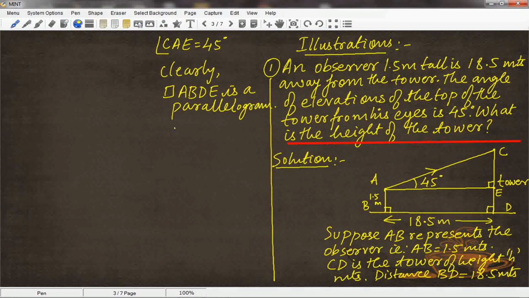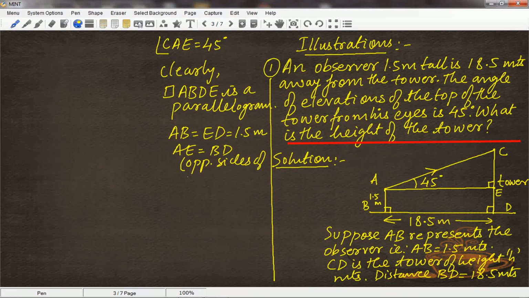Now by this we can say AB will be equal to ED will be equal to 1.5 meters and AE will be equal to BD. The reason is opposite sides of parallelogram are equal.